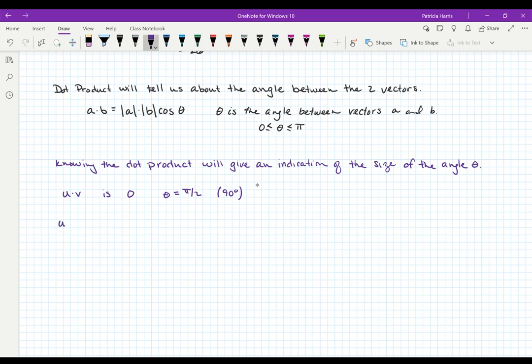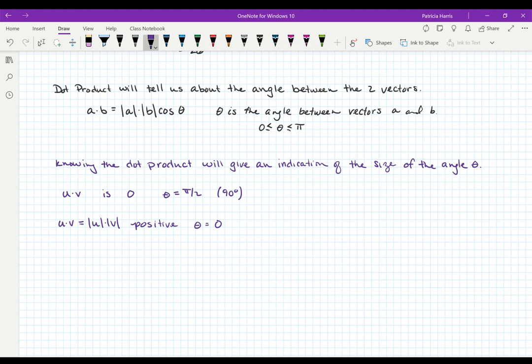Okay, if u dot v is equal to the product of the magnitudes, and it's positive, then theta is 0.